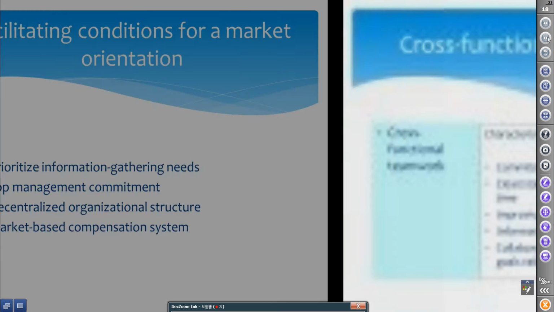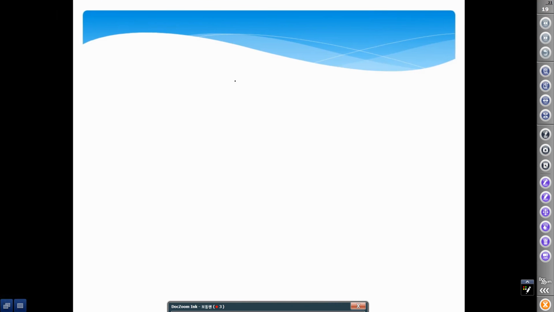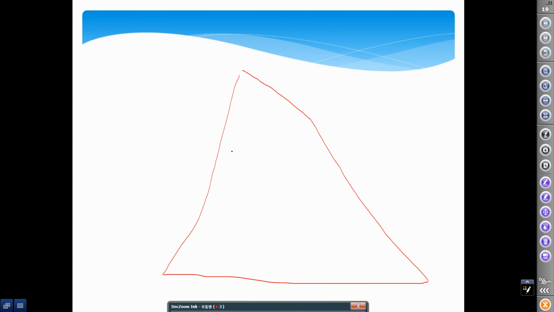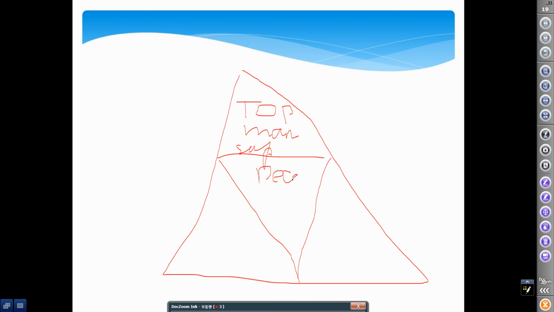And now I will try to show you some kind of pyramid or triangle of these facilitators. So at the top will be the top management support. In the central part of this triangle, you will find the decentralized organizational structure.